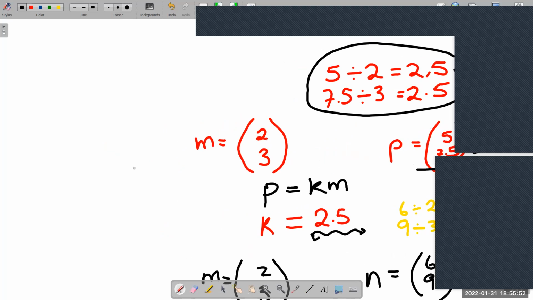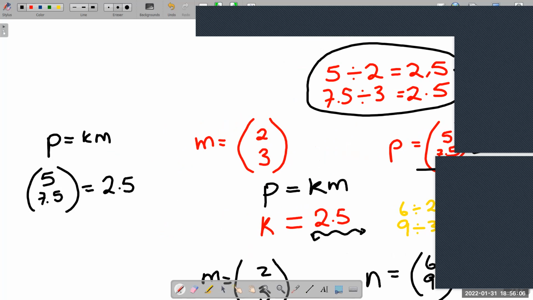So let's check it out. We know P is equal to KM. What is P? P was 5 and 7.5. What is K? K is 2.5. What is M? M is 2, 3. So let's go. When I multiply 2.5 by 2, everybody, did we get back 5?